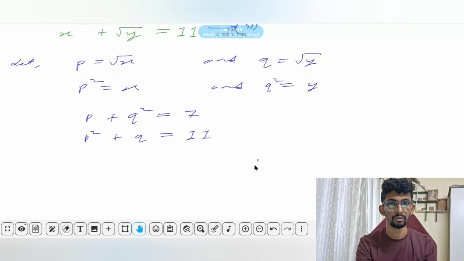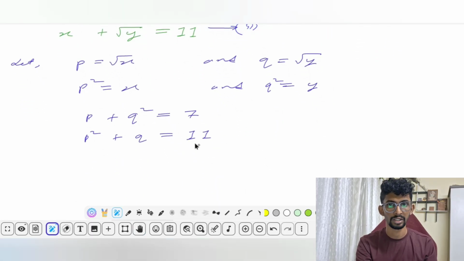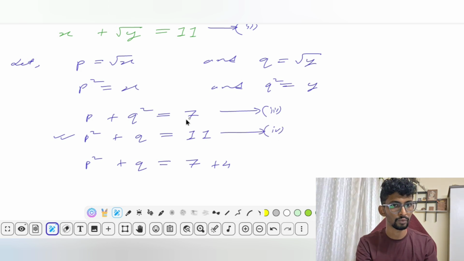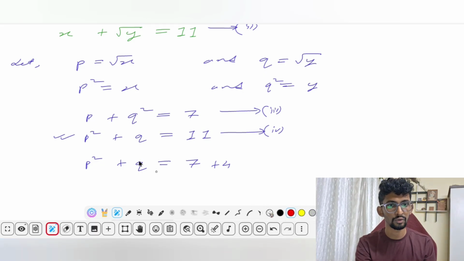Okay, now let's do one trick here. The second equation can be written as p square plus q, let us write 11 as 7 plus 4. Why are we doing that? Because if we take this as equation 3 and this one as equation 4, we can substitute 7 as p plus q square from equation 3.